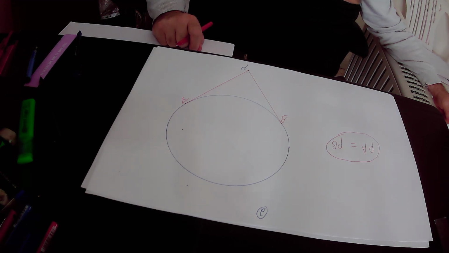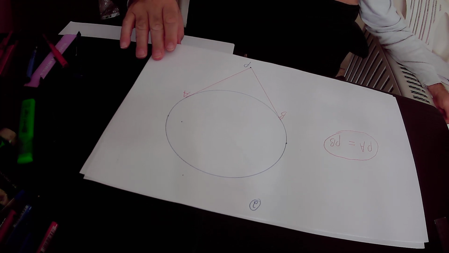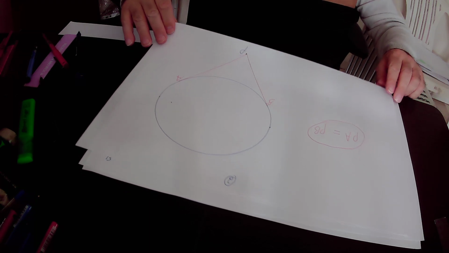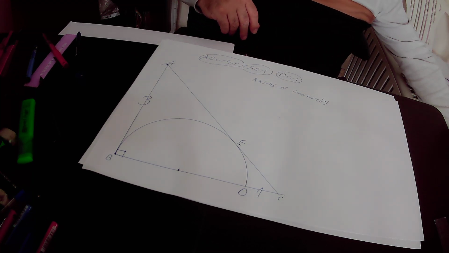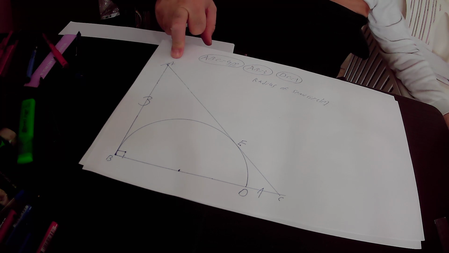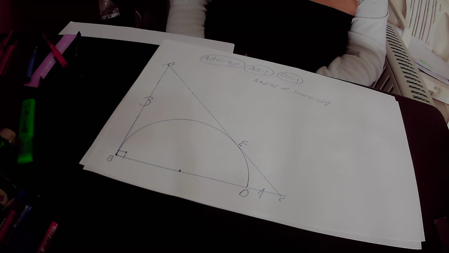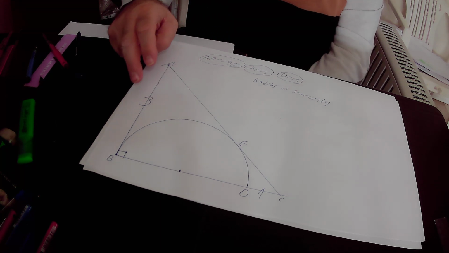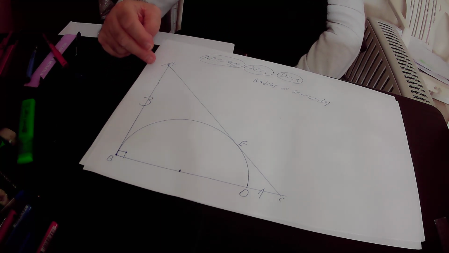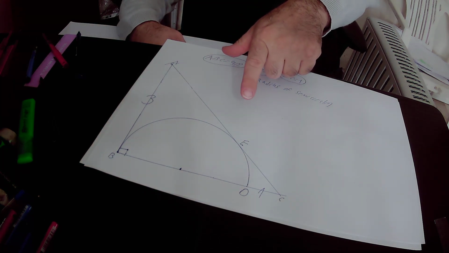Okay, so we can implement the two tangents theorem in our drawing. Because in our drawing we have an external point, point A. It is an external point in relation to the semicircle, and from point A we have two tangents to this semicircle. The first tangent is AB, and the side AB is 3 units, and the second tangent to this semicircle is AE.